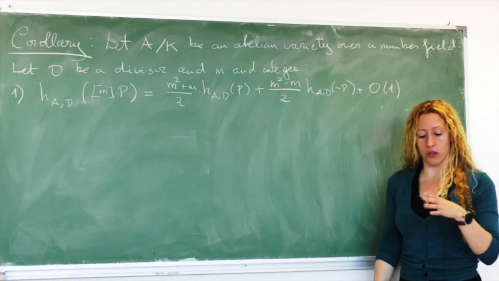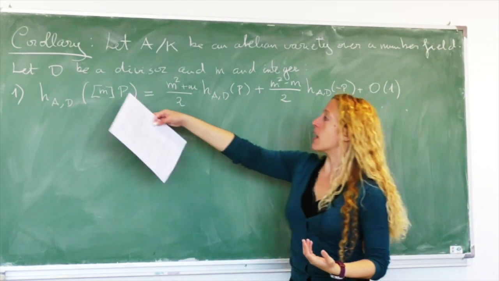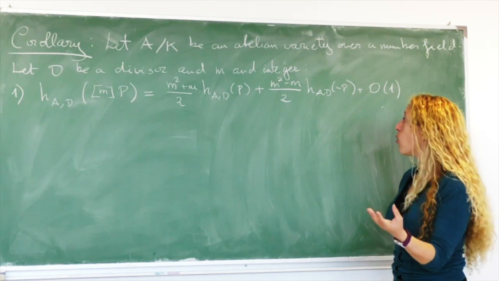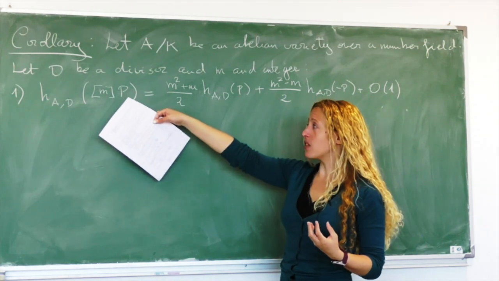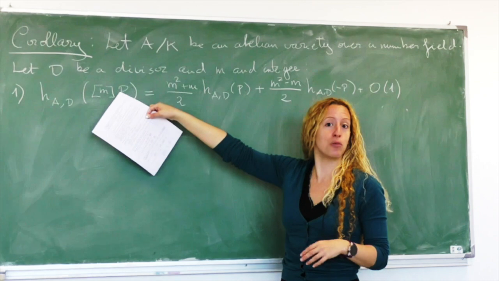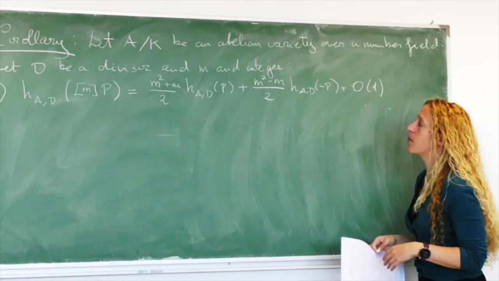In particular, we can consider P plus P plus P, m times, and then we have m times P. So we could be interested in relating the height associated to a point P and the height associated to a multiple of that point on the abelian variety. And this equality gives you that.